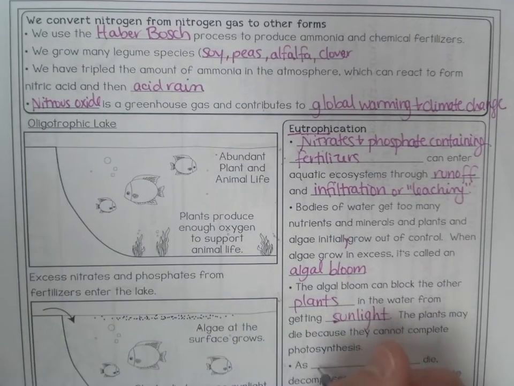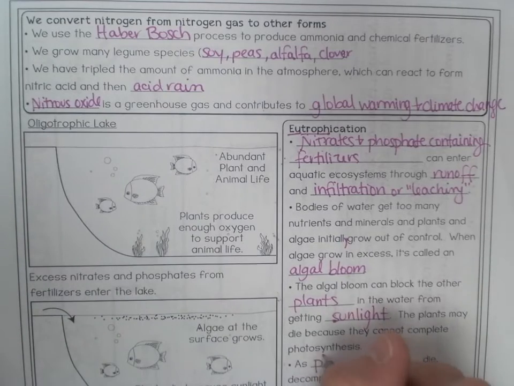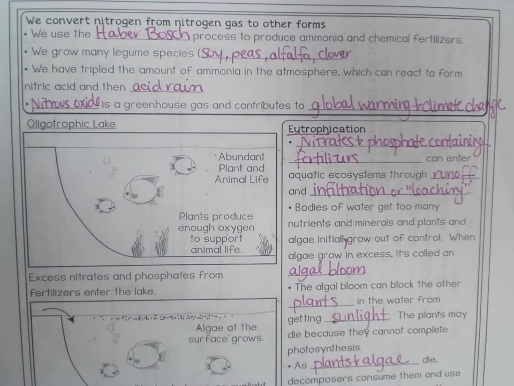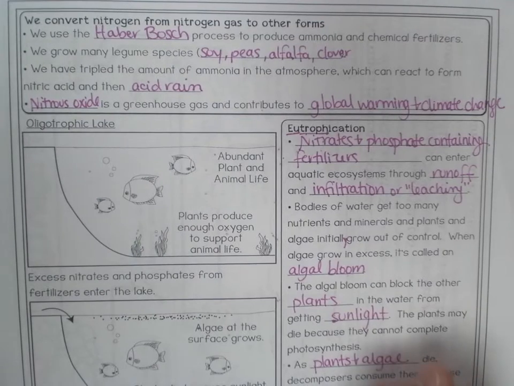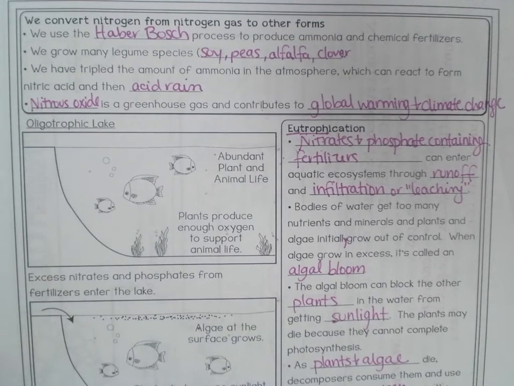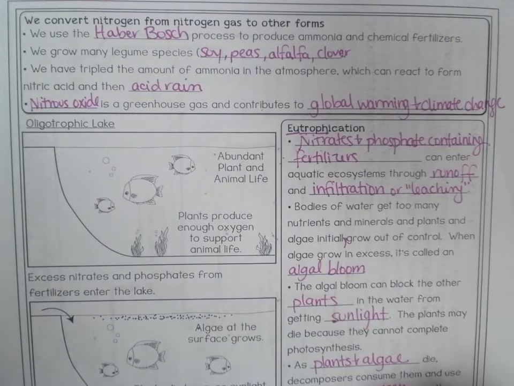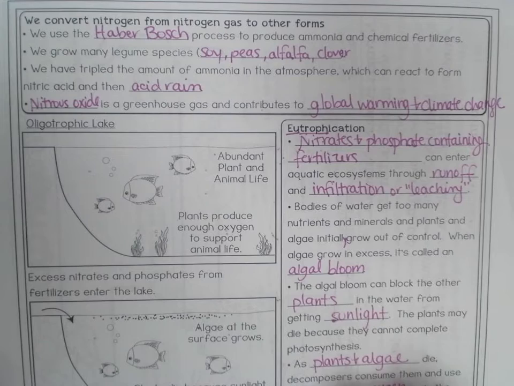So as the plants and algae die, decomposers consume them and use up a lot of oxygen in the water in the process of cellular respiration.